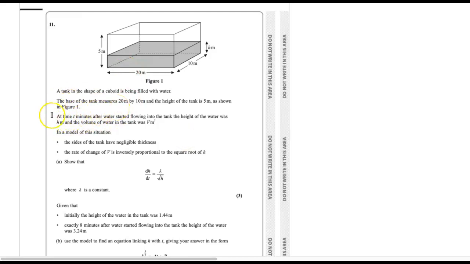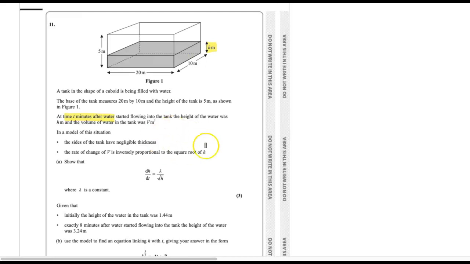At time t, so the base of the tank is this. At time t minutes after the water started flowing into the tank, the height of the water is h meters. That makes sense. So when you switch the tap on and it has started filling, after some time it is h meters filled.